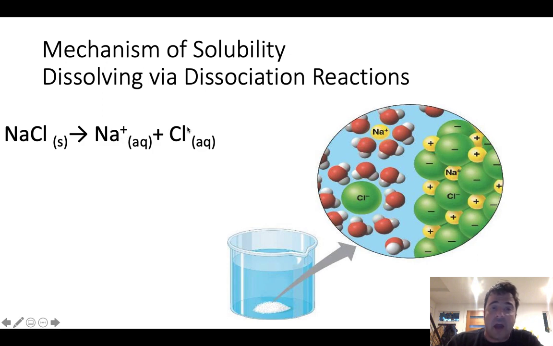So we have our cation and our anion, and when you look at these, the AQ means that these guys are floating around in water. So the molecule has split, and you have these two independently charged entities floating around.